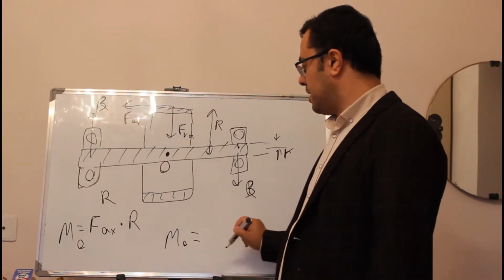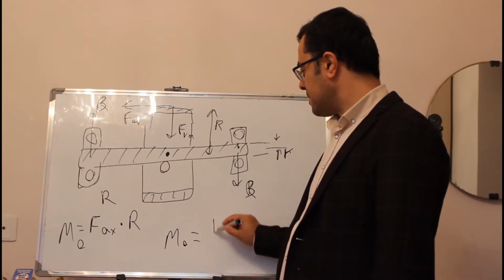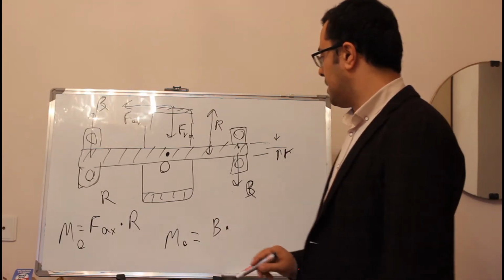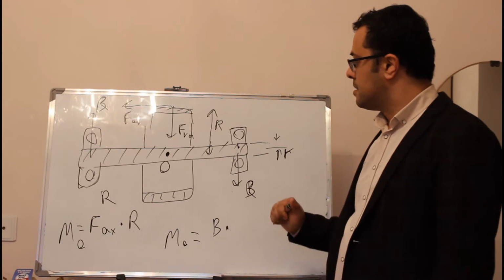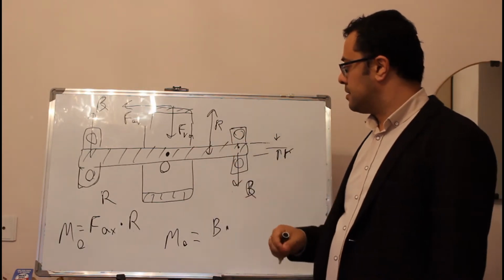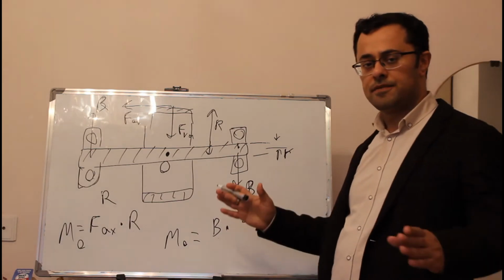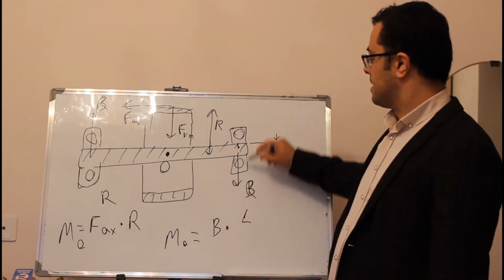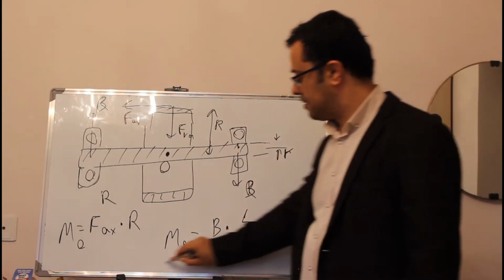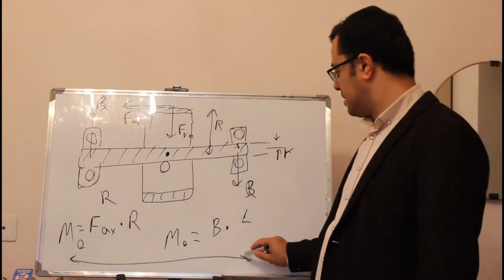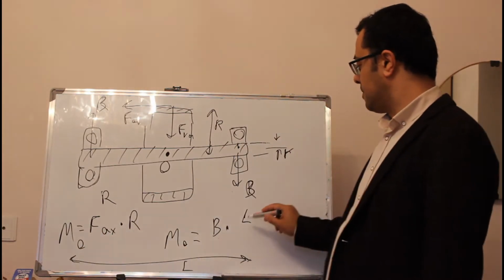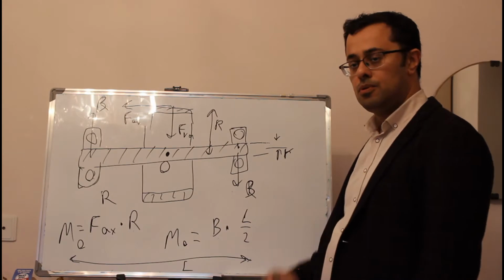So MO equals B by this distance, I'll call it L. L is the shaft length. I'll put it here. This shaft distance is L, so L by 2.